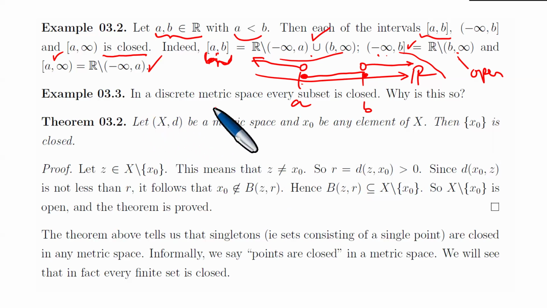In a discrete metric space, every subset is closed. This is what we discussed briefly last time. That brought us to the notion that the singleton itself is closed. Why is this so?